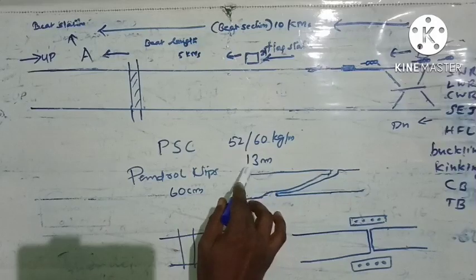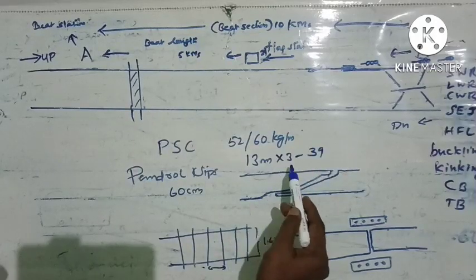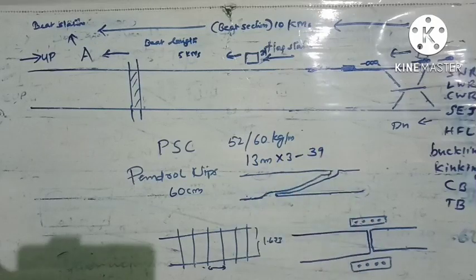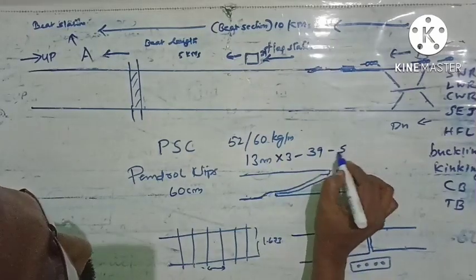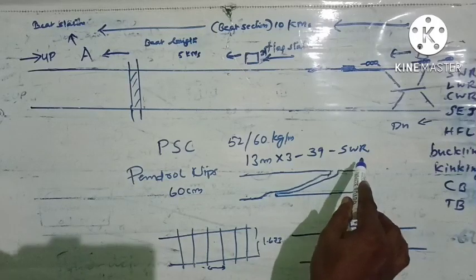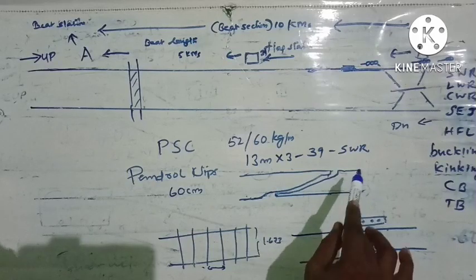While using these rails for laying track, three rails are normally welded together to make a 39 meter length rail, and that is called an SWR. SWR means short welded rail. We use this short form SWR in the case of station working routes also.